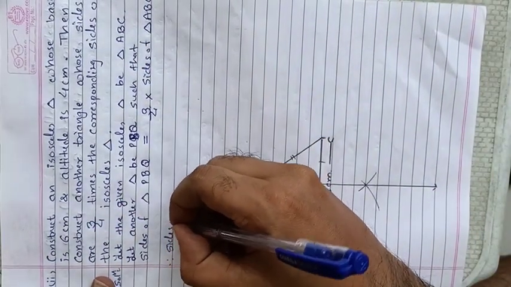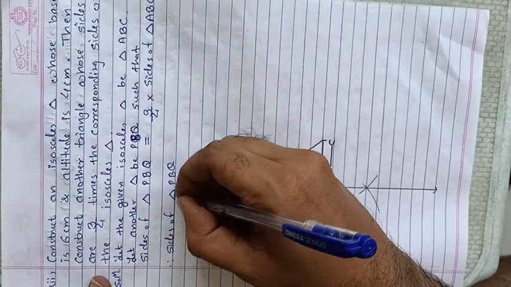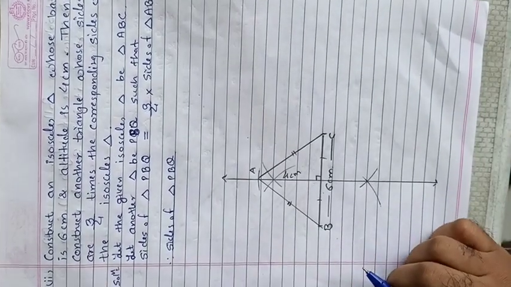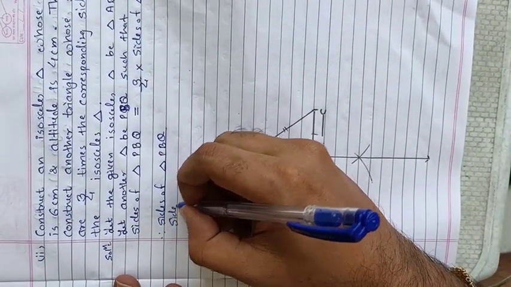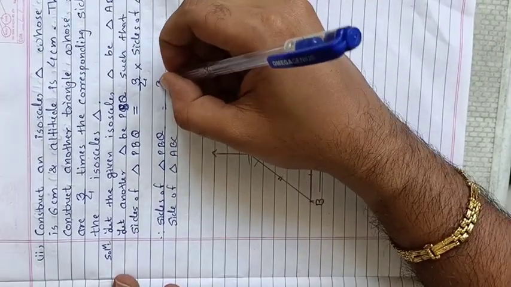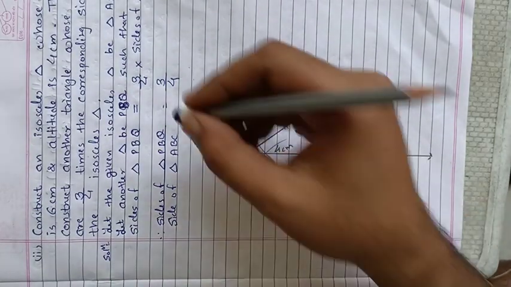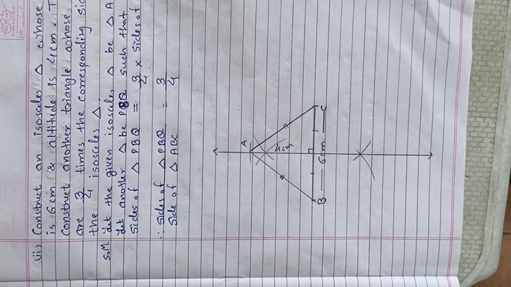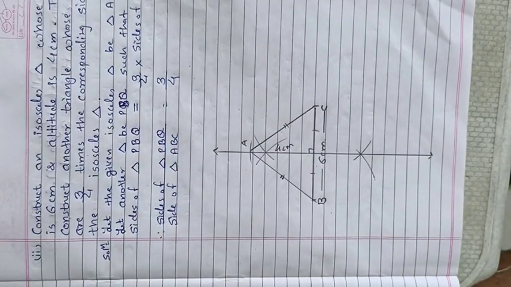So sides of triangle PBQ upon sides of triangle ABC equal to 3 by 4. Now we know numerator or denominator, what is greater? The greater one is denominator. As denominator is greater, so triangle ABC is the greater one.